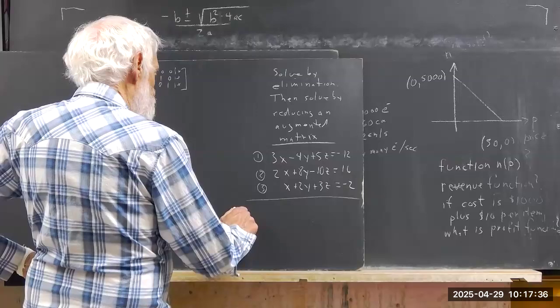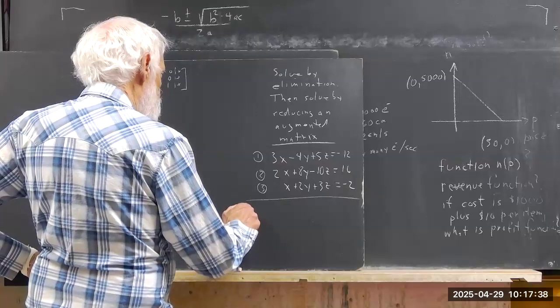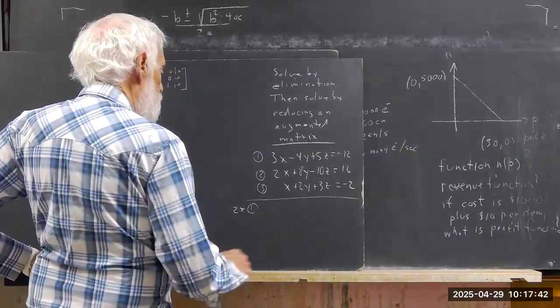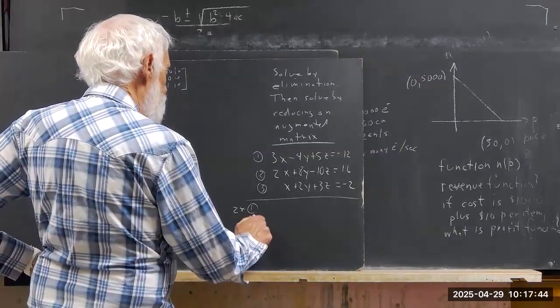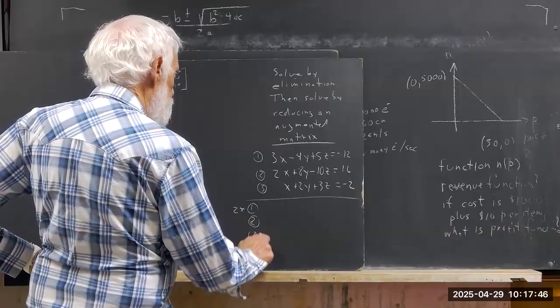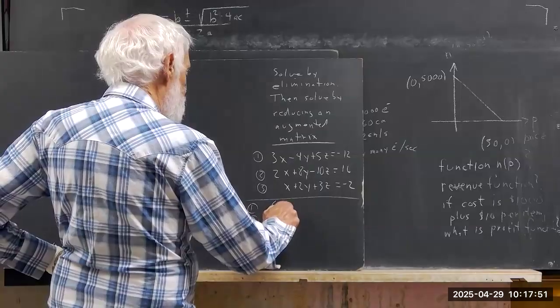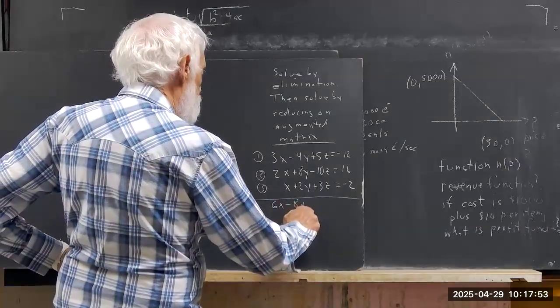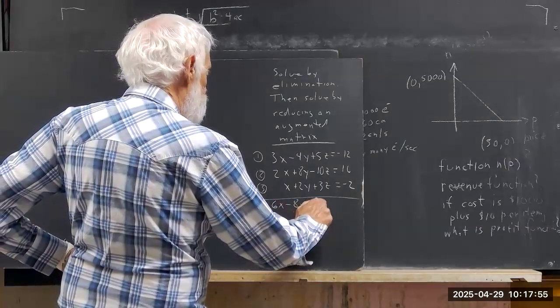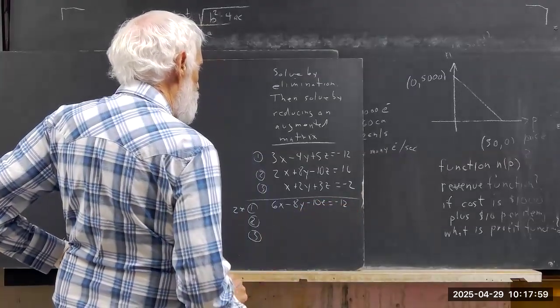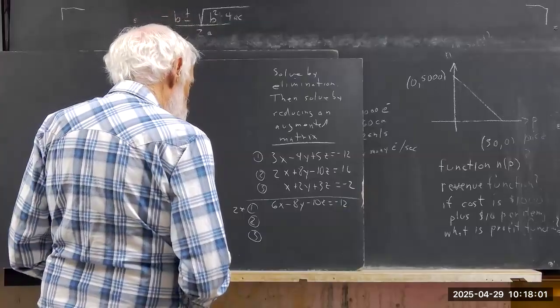So let's do 2 times equation 1, then equation 2, and equation 3. So we get 6x minus 8y minus 10z equals negative 12.